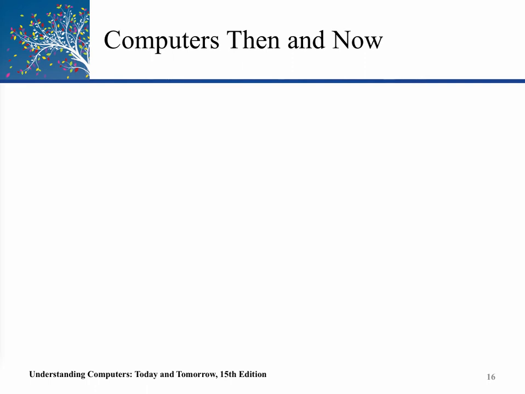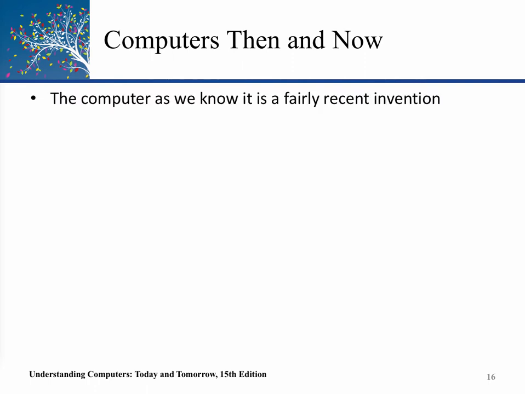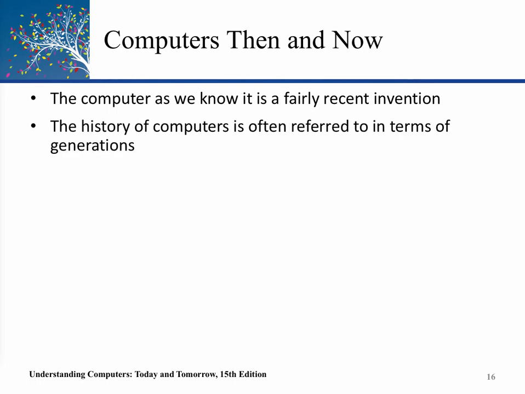So let's look at them now. The computer as we know it today is a fairly recent invention. Again, the early 1980s, early 1990s is when we've seen it just explode and become more ubiquitous, more integrated in everything that we do as it is today.